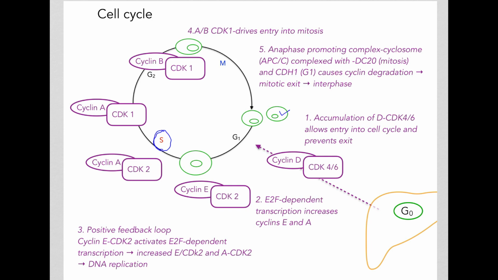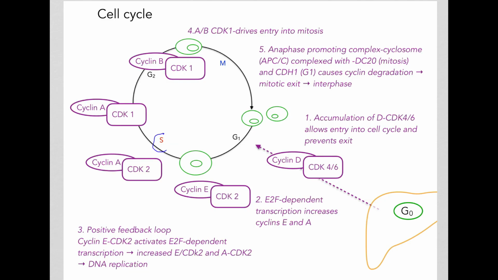And that chromosome copying or DNA synthesis happens here in the S phase of the cell cycle, or the synthesis phase of the cell cycle. We shall discuss DNA synthesis or DNA replication in a future video.